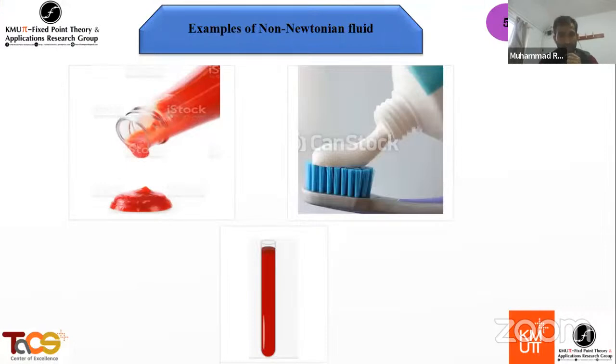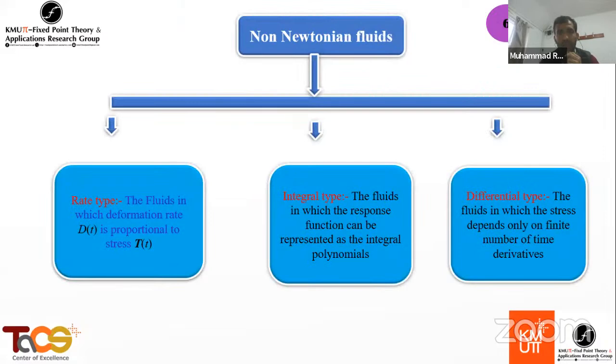These are some examples of non-Newtonian fluids. Non-Newtonian fluids are further divided into three categories: rate type fluids, integral type fluids, and differential type fluids.